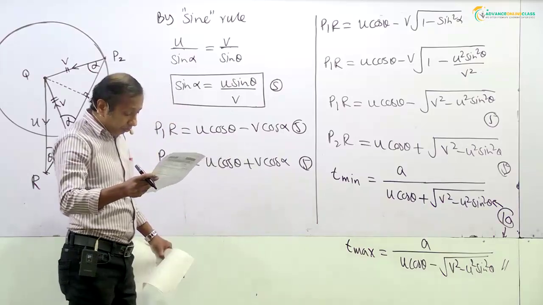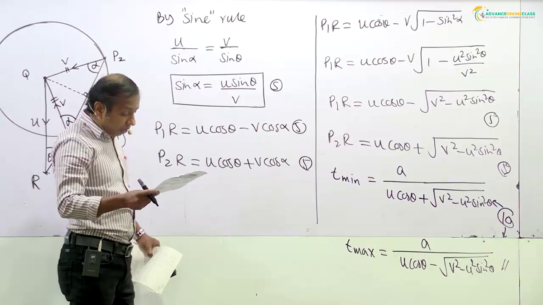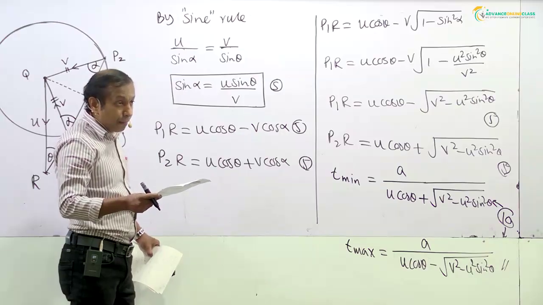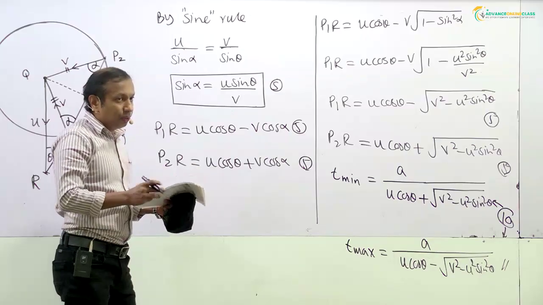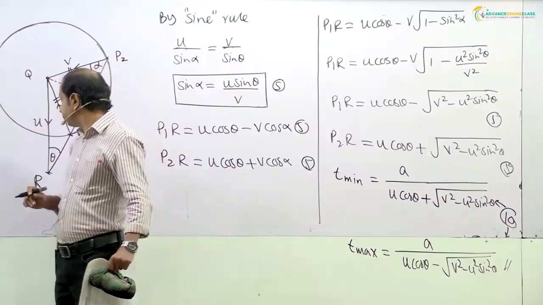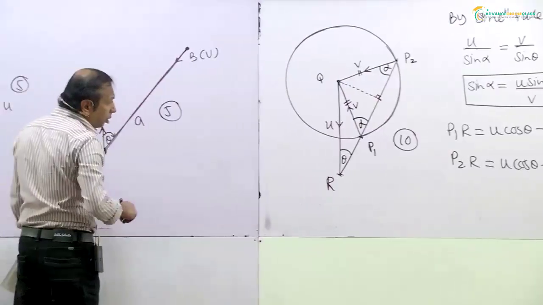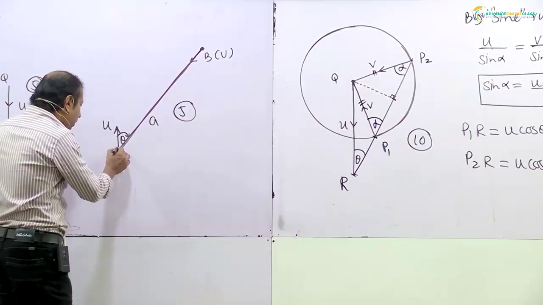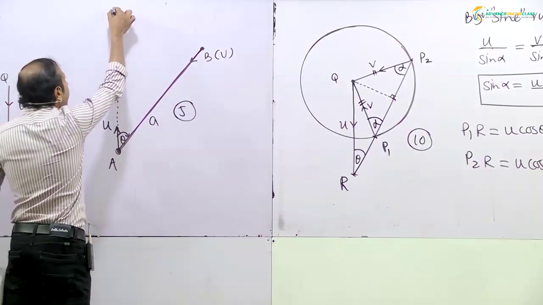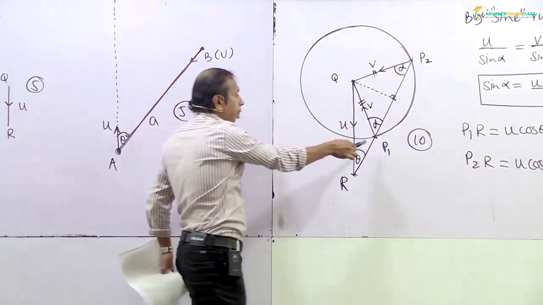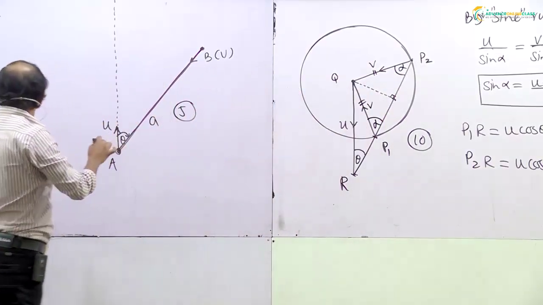What is the next question asking? Show the distance between the 2 points where we can kick the ball. If I draw the diagram, the ball is moving along a path like this. See the diagram? P1Q, P2Q. PQ means what?